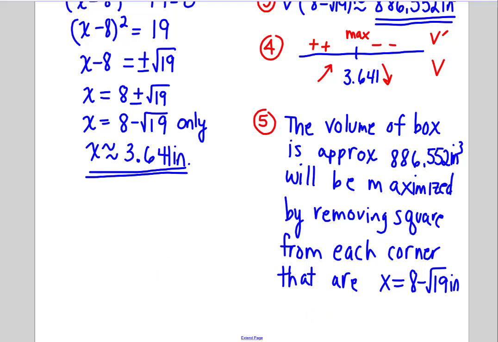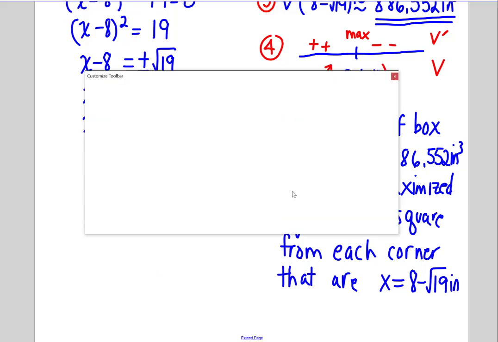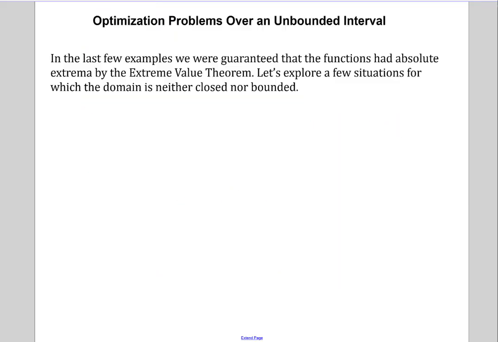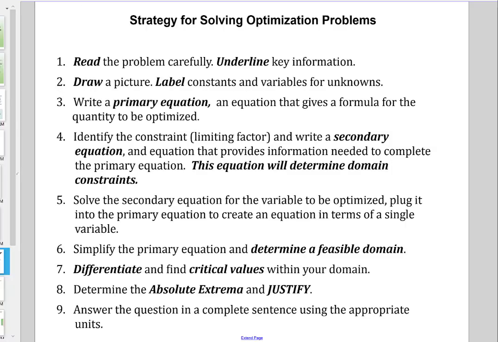So we're putting all of this together. On this next slide, you're going to see the picture of the strategy. There it is. I just went too fast.